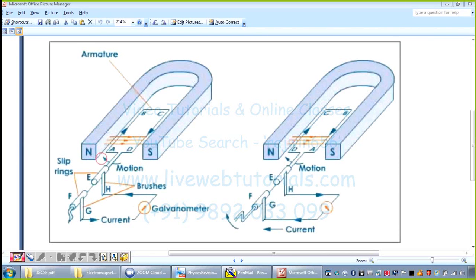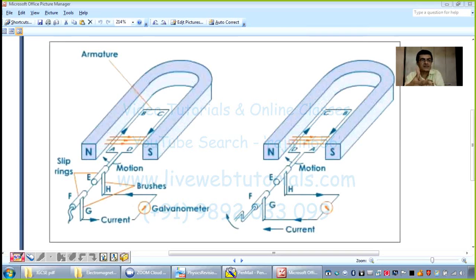Now let's take this part. The coil is currently in the position A, B, C, D. Fleming's right hand rule. Now how is this Fleming's right hand rule going to be applied? See, the coil is in this position. I'm going to use my right hand. This thumb, you just write over here: father, mother, child. Father is F, that is force.